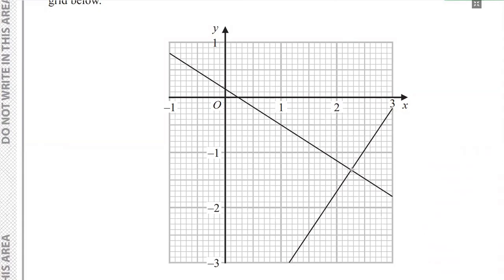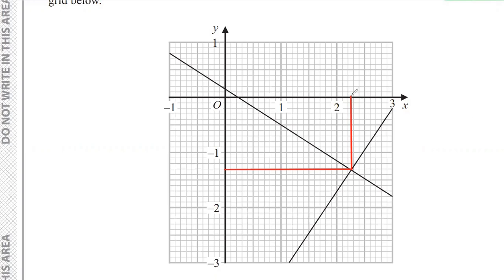If I see that they are intersecting here, the x coordinate should be above there and the y coordinate should be here. If you look at this carefully, this is 2, so 2.5 is there because it is halfway between them.